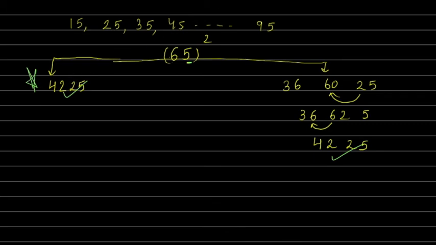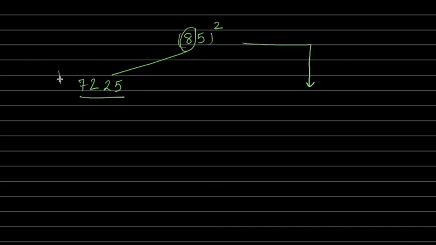I'll take one more example. If the number is 85 square. Okay, so with the previous method, what was that? 5 5s are 25 and the next consecutive number is 9, 8 9s are 72. So this is done. Now if I follow the method which I have just explained in this video, this method is only applicable if the unit place digit is 5.